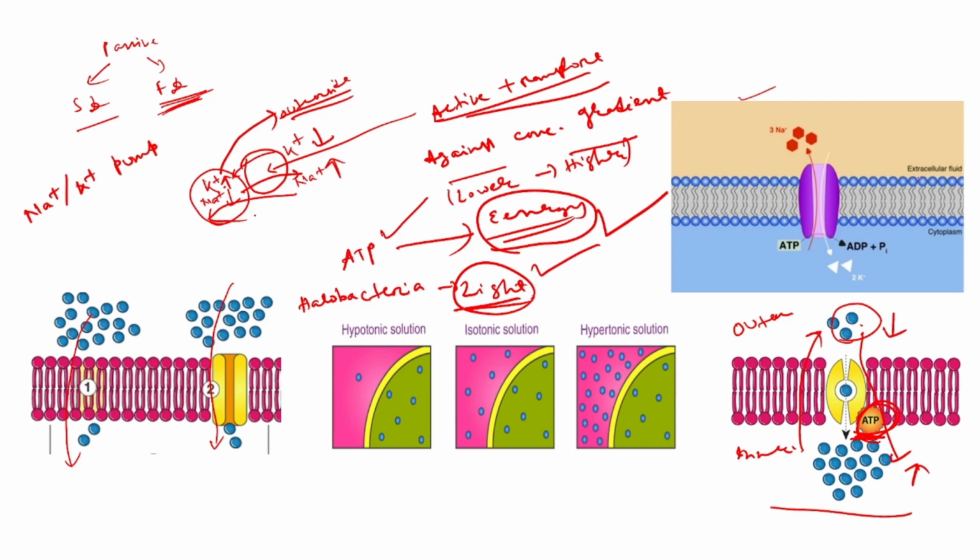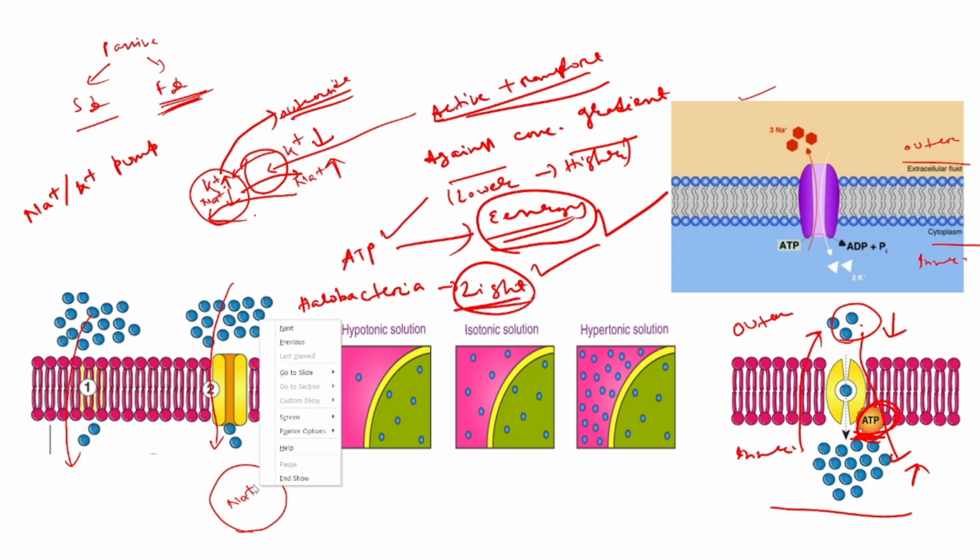This is the extracellular fluid, that means it is the outer side. This is the cytoplasm, that means it is the inner side. So I have already told that always inside, the sodium concentration is lower and the potassium is higher. On the outer side, the sodium concentration is higher and the potassium concentration is lower.